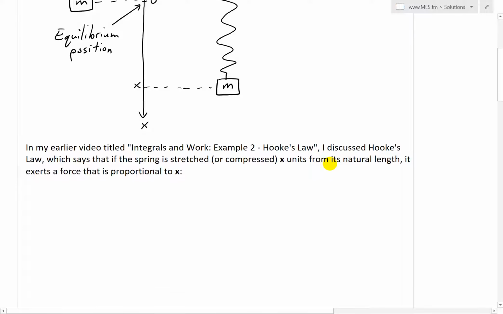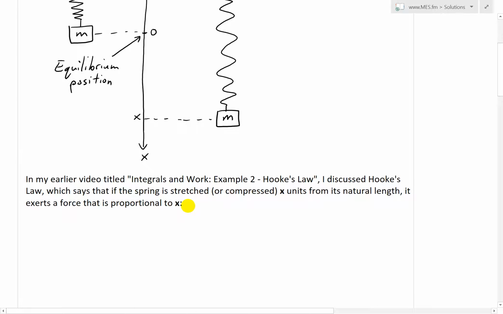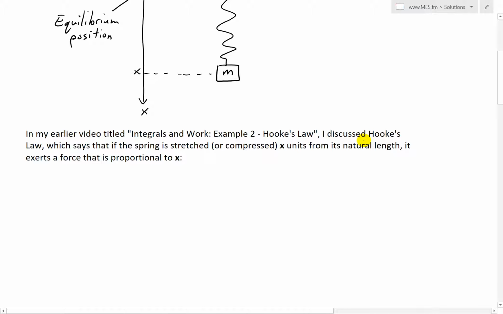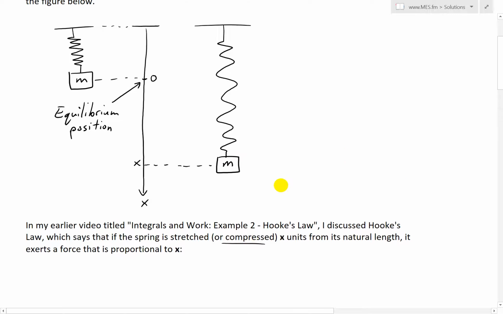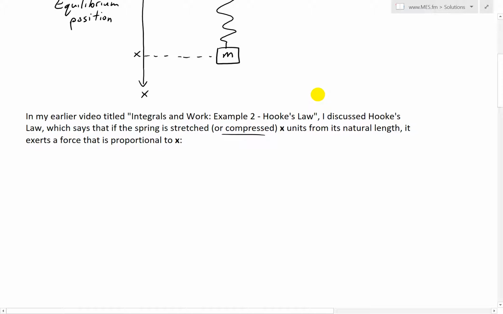Now recall from our earlier video titled Integrals and Work, example 2, Hooke's law, and you can see that in the video link below in the description. I discuss Hooke's law, which says that if the spring is stretched or compressed, so even if you were to go upwards as well, if you were to stretch x units from its natural length, it exerts a force that is proportional to x.